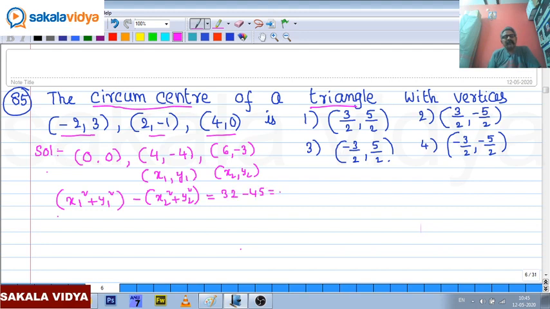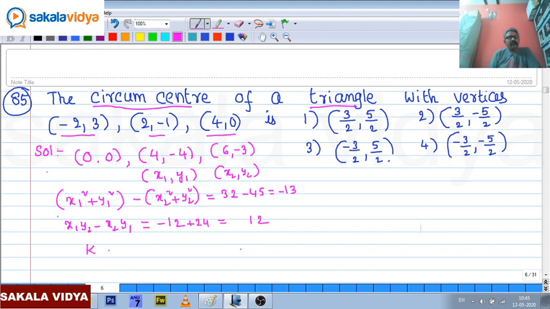This will be minus 13. And next x1 y2 minus x2 y1. 4 into minus 3, minus 12, plus 24. This will be 12.